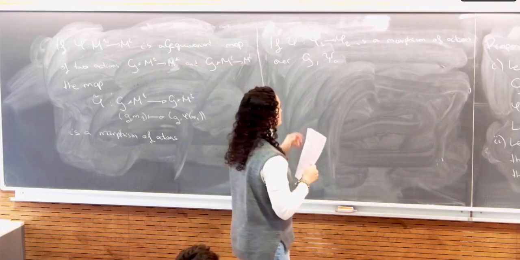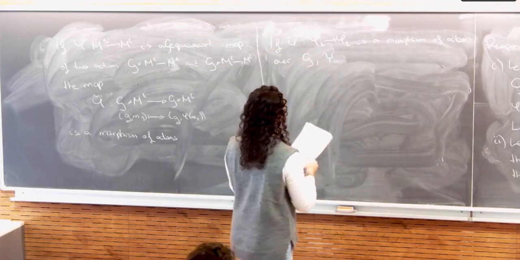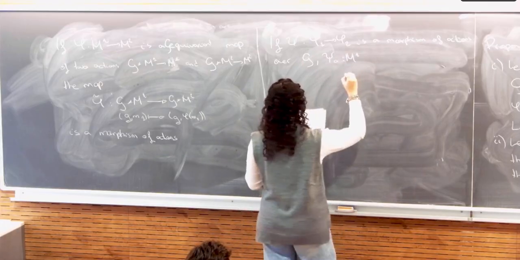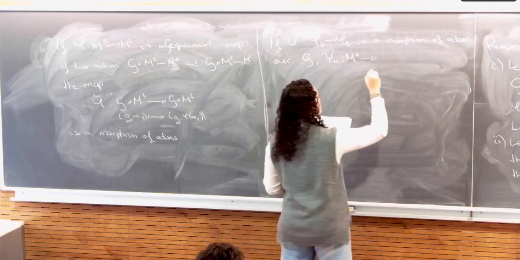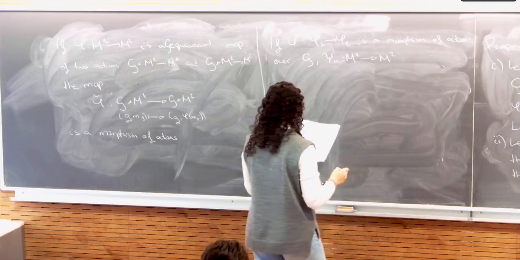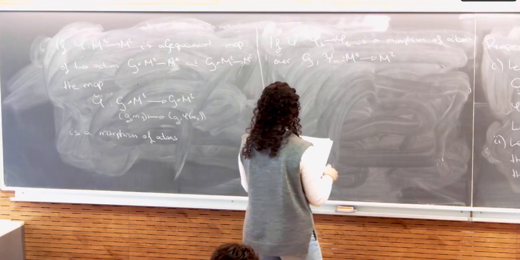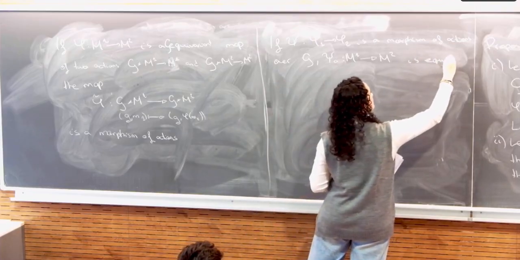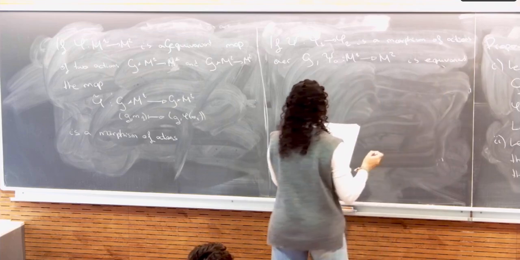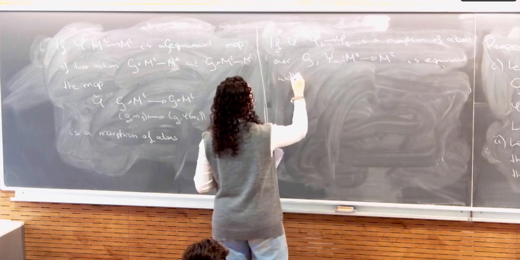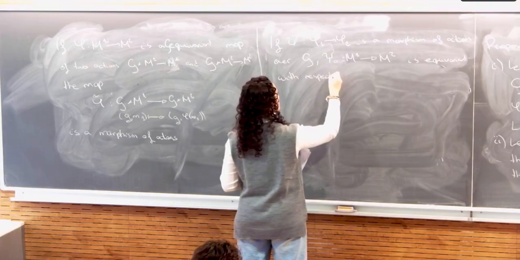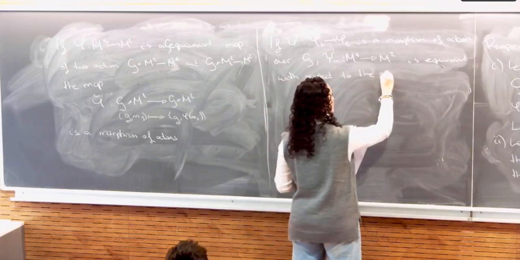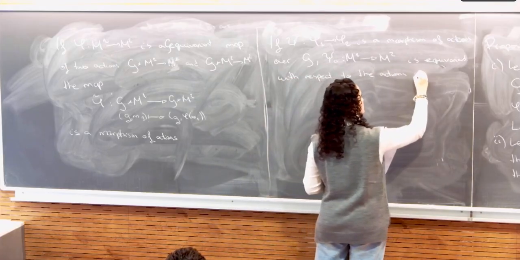Since a morphism of actions is a Lie group morphism, it has a map between the base manifolds, phi sub naught, with respect to the attributes.